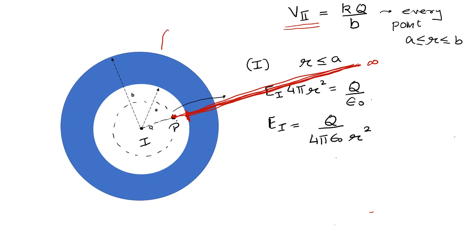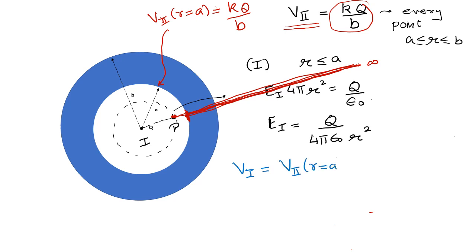That value of the potential which we have on that edge is simply V2 at R is equal to A. V2 does not depend upon the position of R. That is a constant, so it would simply be KQ by B. And thus, my potential in region 1 would be V2 at R is equal to A.